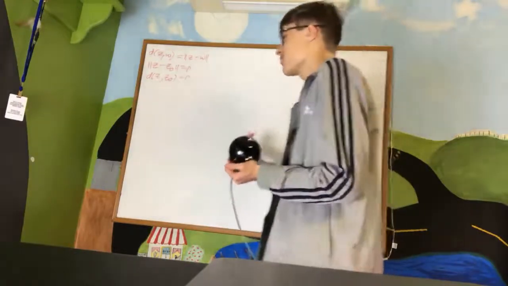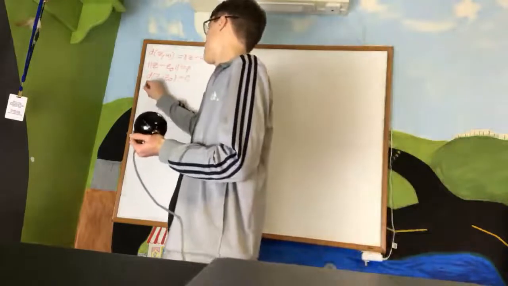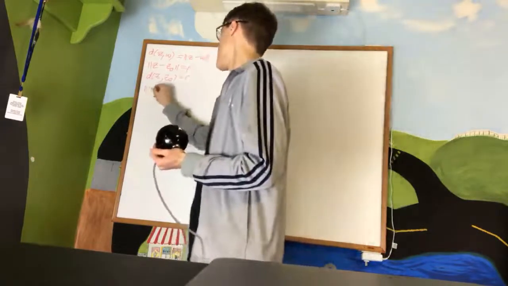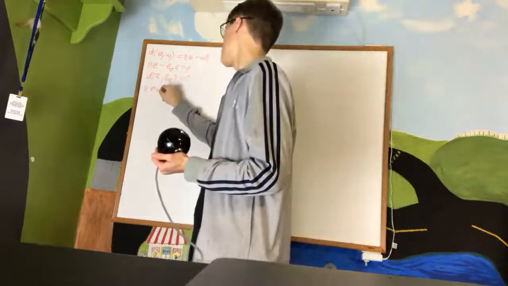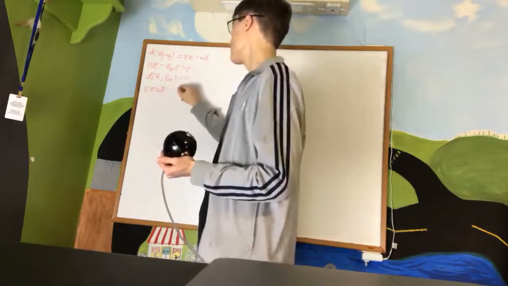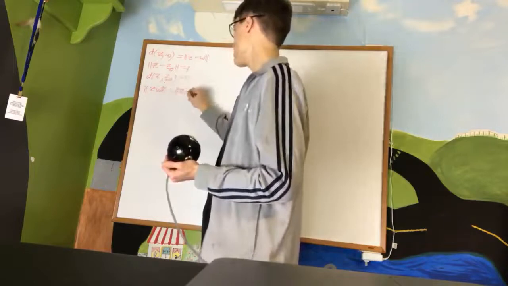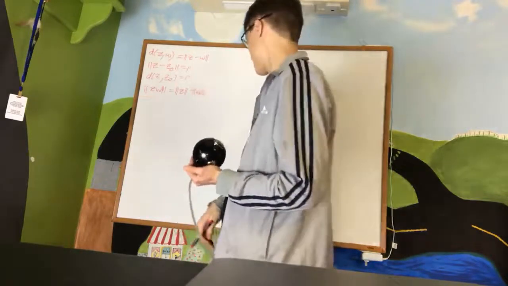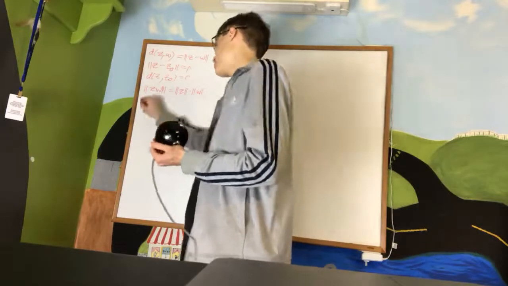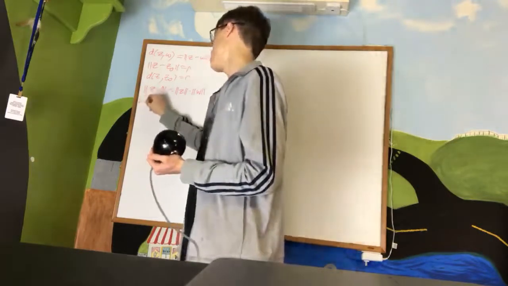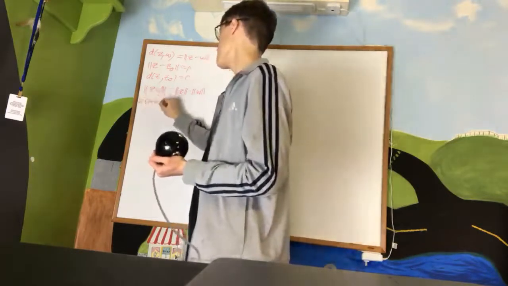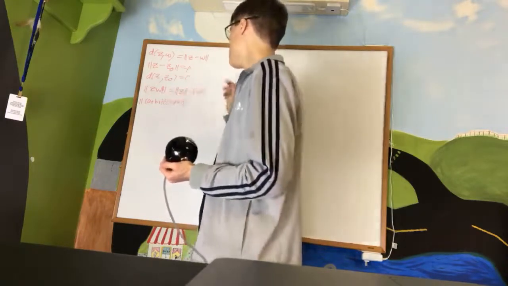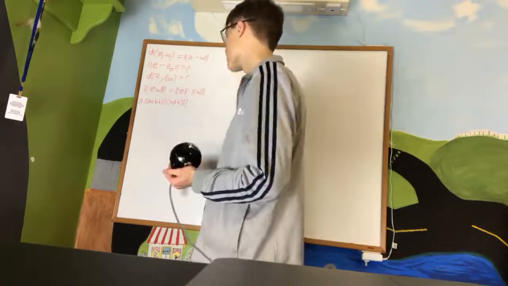And a fun fact about magnitude is that if you multiply two complex numbers in here, then you get the magnitude of one times the magnitude of the other, which I'm going to prove right now. So if I have the magnitude of a plus bi times c plus di, what is that equal to?